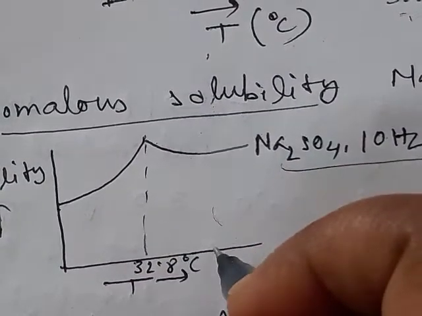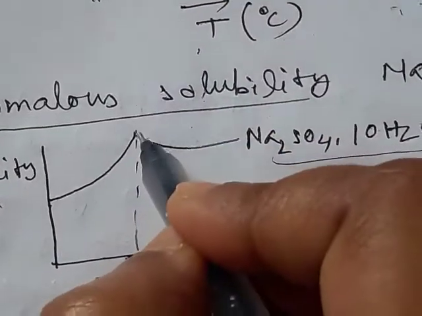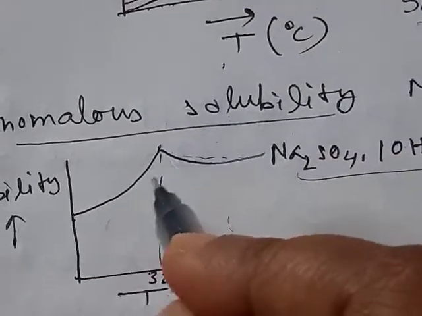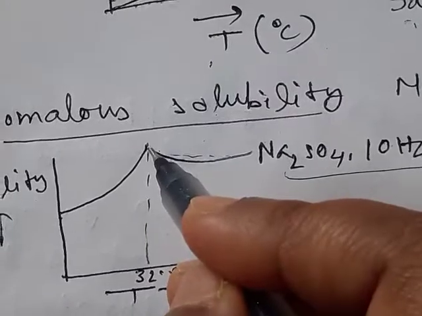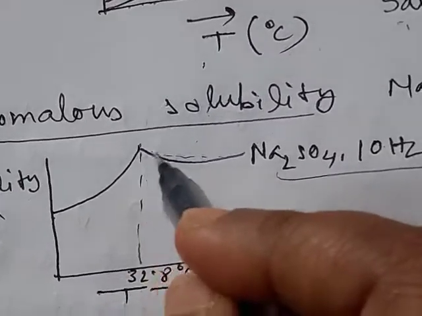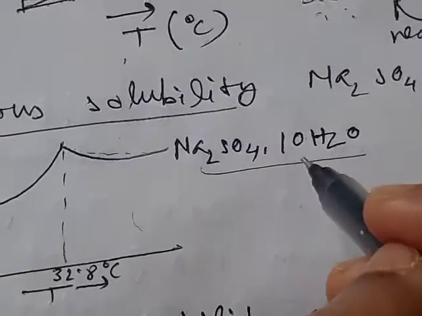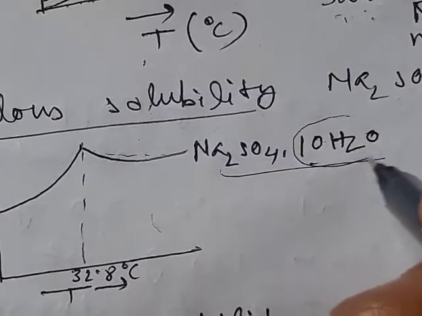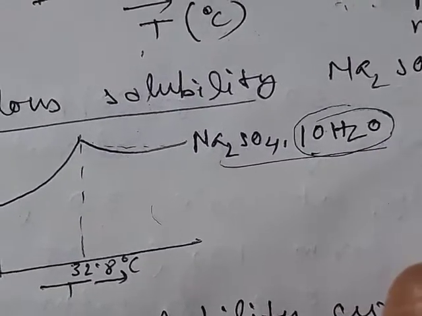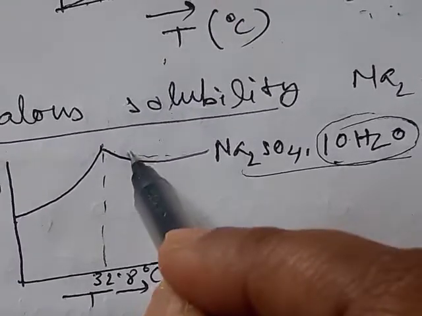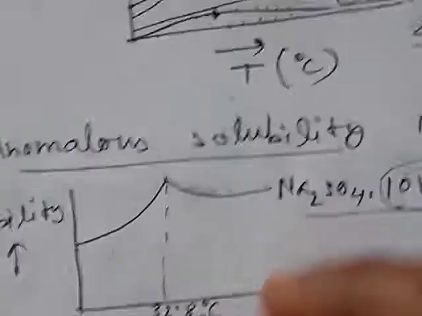After that, if we further increase the temperature, there will be a decrement in solubility, because initially this salt shows normal behavior. After reaching 32 degrees, all the water of crystallization, that is the 10 water molecules, are removed from this salt. Then with increase of temperature, there will be a decrement in their solubility.